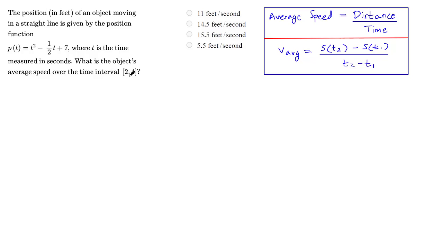So in this case, our T2 would be 4, and our T1 will be 2.